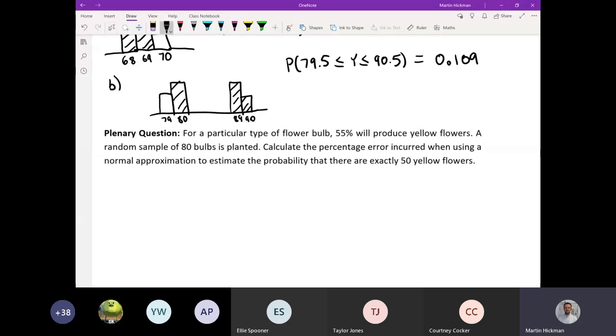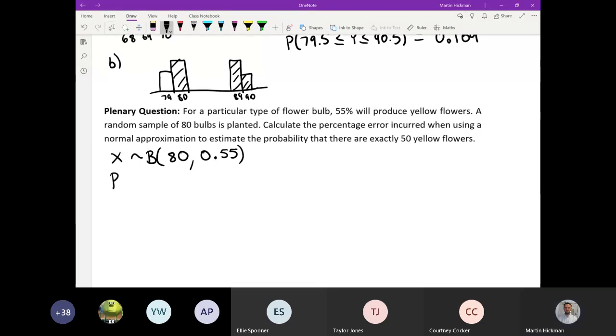So firstly, I'm going to write my binomial distribution. I've got n as 80 because the sample is 80, and the probability that produces a yellow flower is 0.55. Now, first off, I'm just going to work this out for binomial, okay? So, yeah, again, I'm aware that really, in reality, we'd just do this and we'd leave the question there.